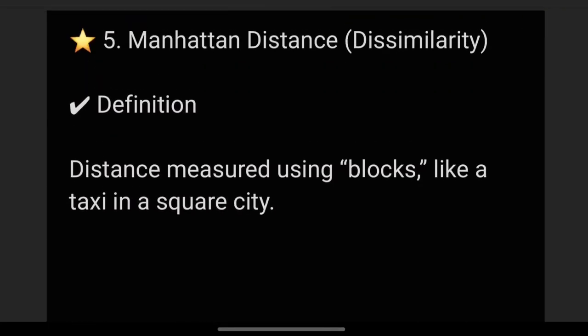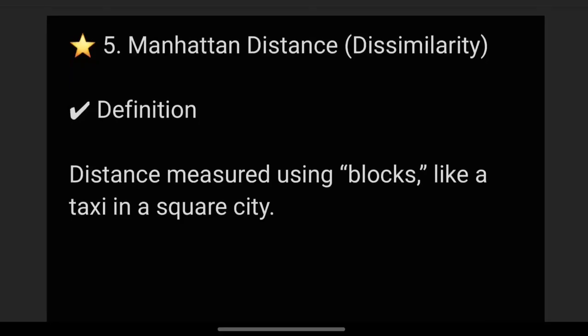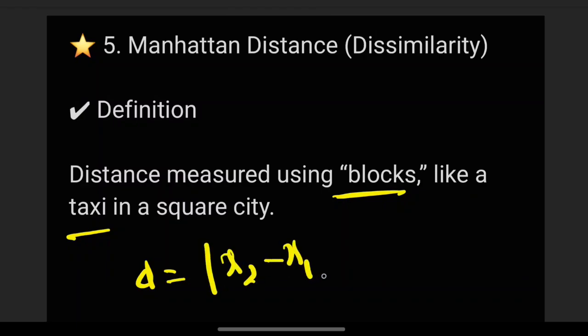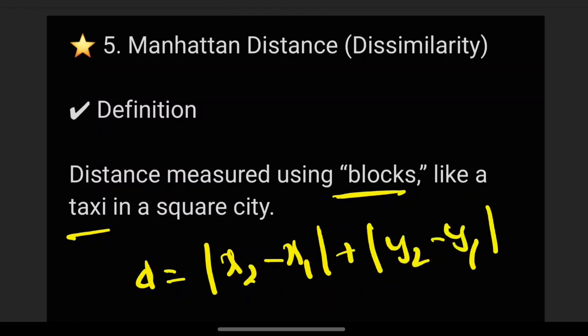Okay. Now moving on to another important dissimilarity coefficient, Manhattan distance. So distance measured using blocks like a taxi in a square city. If you see the formula for this, mod x2 minus x1 plus mod y2 minus y1. This is the formula.